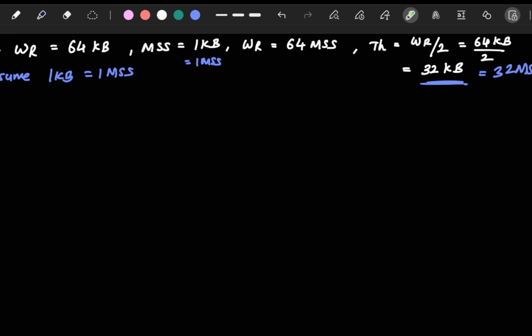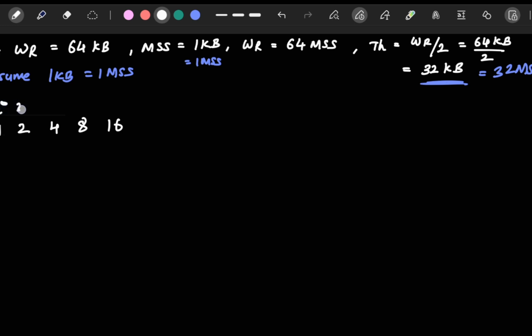At the beginning we will start with 1 MSS, then 2. At the beginning we are in the slow start phase, so it will grow exponentially. So 1, 2, then 4, then 8, then 16.